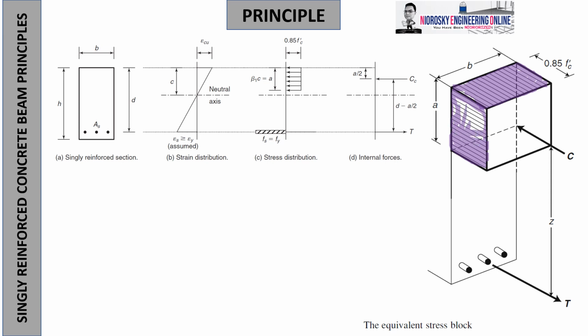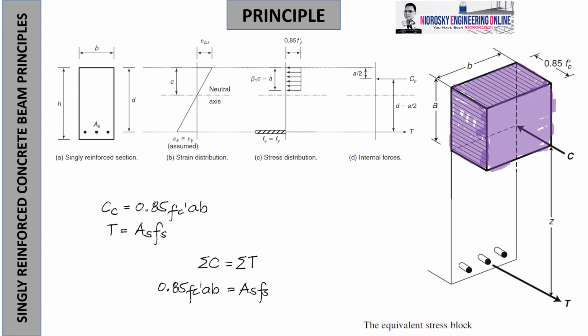So therefore, what we need to get here, the part we shaded, is the volume. So it's easy to understand. Therefore, the compression force would be the true value of that new equivalent stress block. So, how do we get the volume?